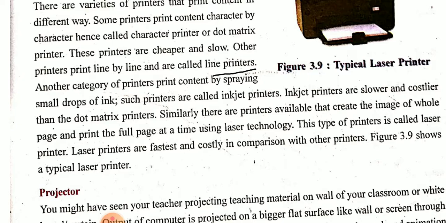Inkjet printers are slower and costlier than the dot matrix printer. Similarly, there are printers available that create the image of a page and print the full page at a time using laser technology.